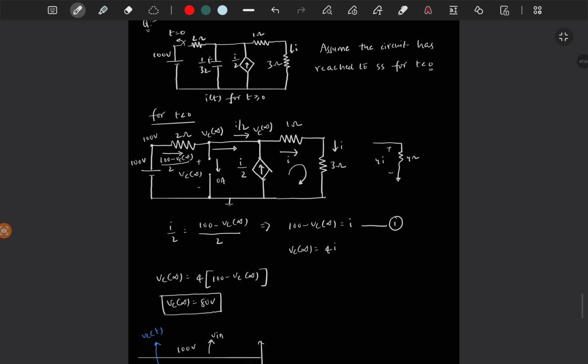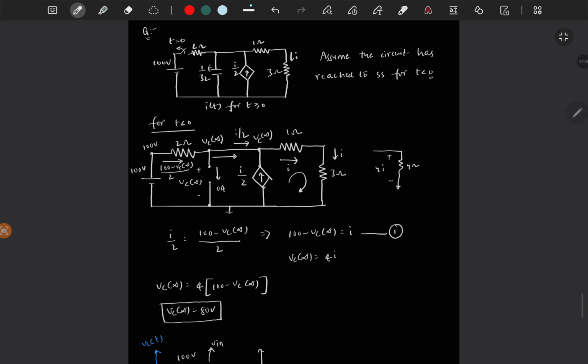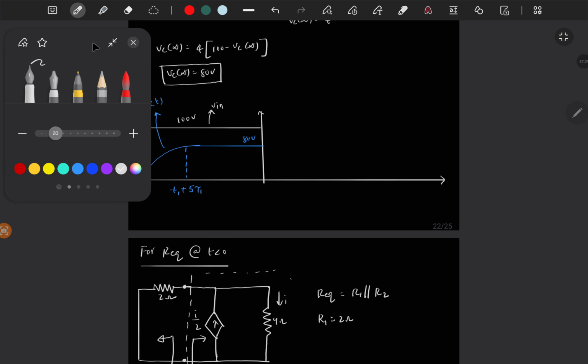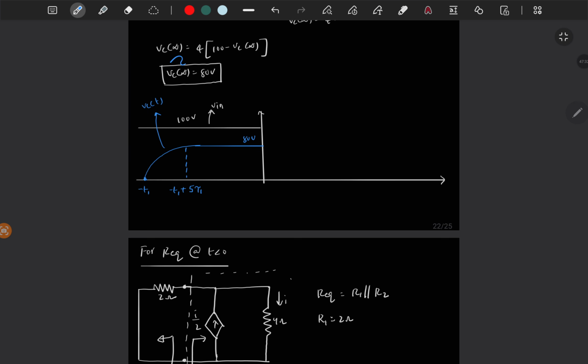Now this is only for t less than 0. Now at t is equal to 0, the switch is getting opened. It means there is no independent source in this circuit, right? For t greater than 0 at all. It means the capacitor will fully discharge to 0. So we will find the values later, but from 80 it will definitely go to 0.